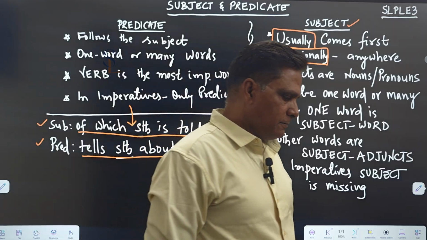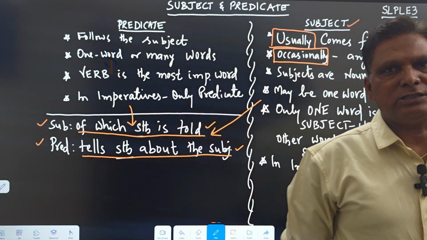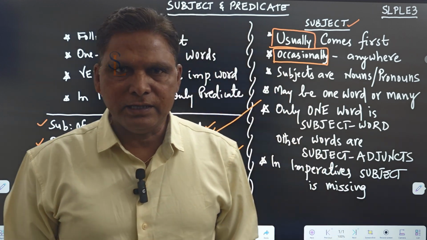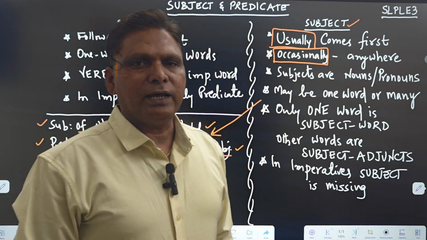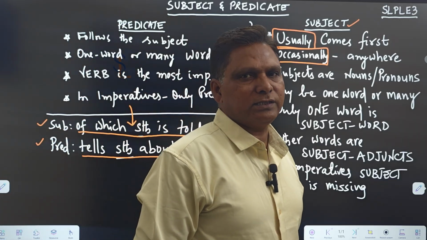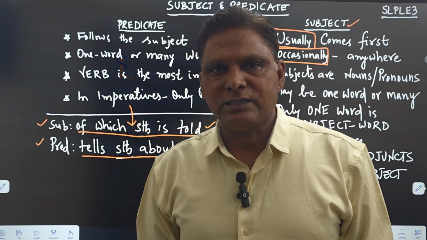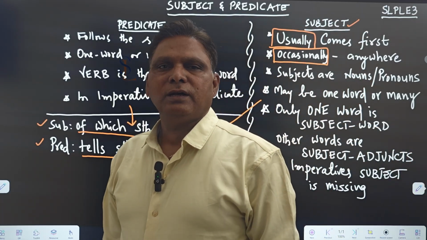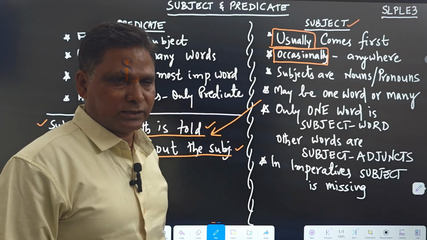Actually, the sentence should be, the thief is arrested by the police. Did you write by the police? No, we write only the thief is arrested, which sentence is in passive voice, and who will arrest the thief? Only the police. So it is understood, and the subject is missing in passive voice.